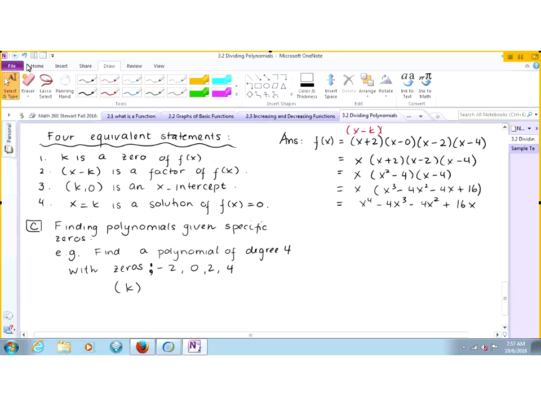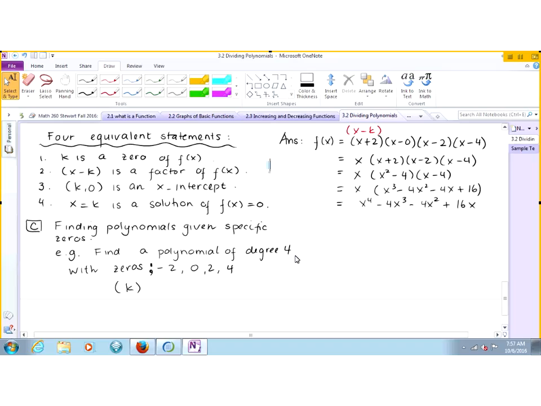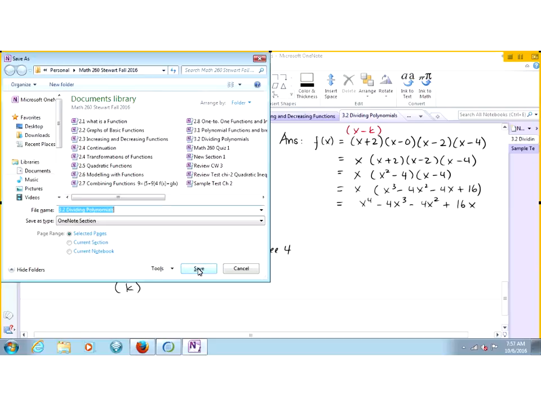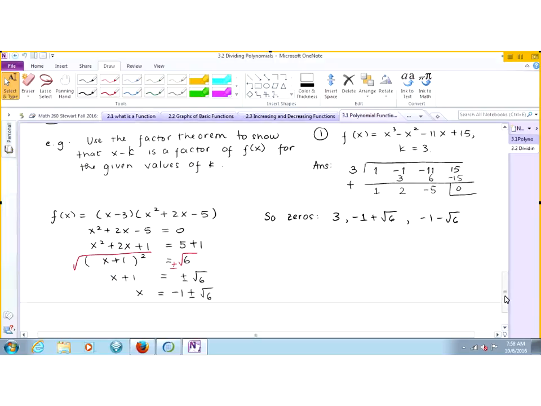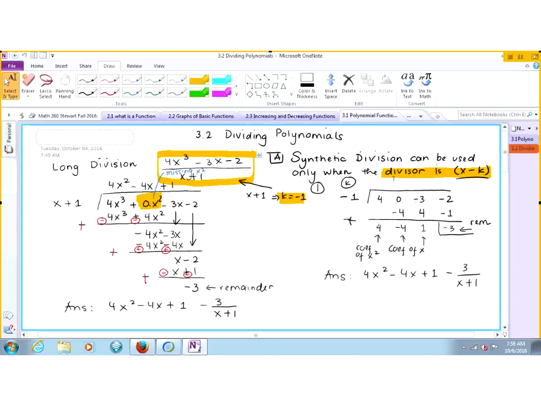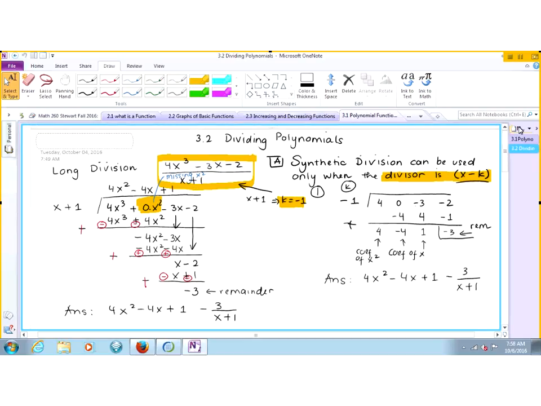Next, ready? So let me save this. File, save as. Dividing polynomials, 3.2. All right. Okay, good.